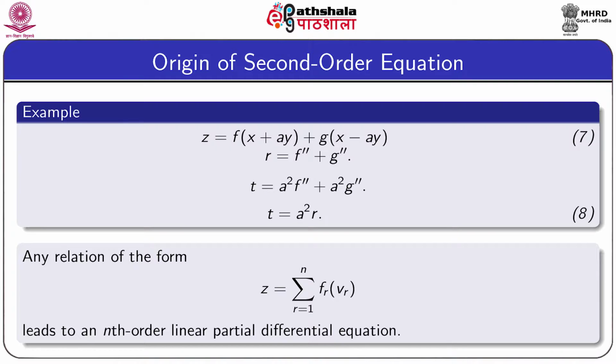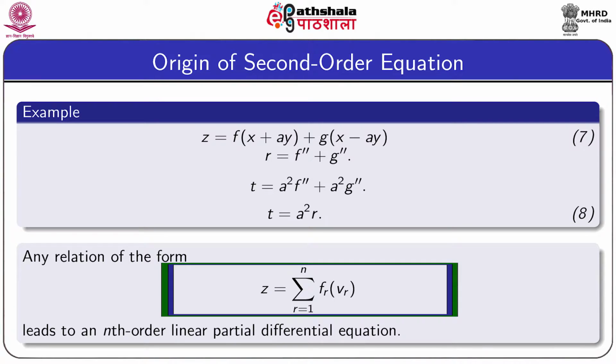So, using this example we also see that if the original equation written in equation number 7 has z written as a sum of two unknown functions, then from that one can obtain a second order partial differential equation. Now, this concept can be generalized for n functions.